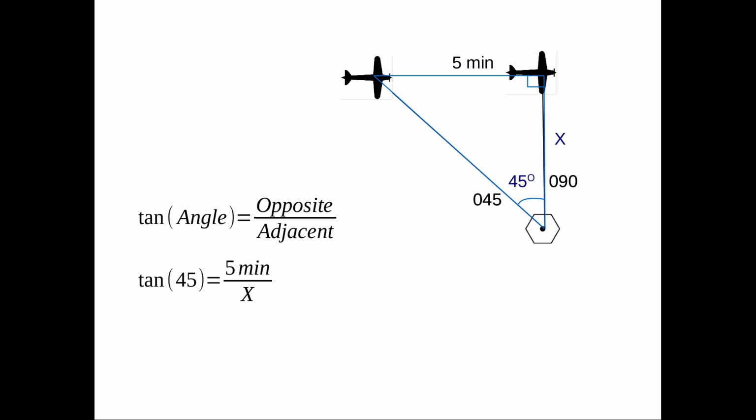So we plug in our values. 45-degree angle, 5 minutes is opposite, x is adjacent, solve, and we get x is 5 minutes. Easy enough. We go back to our question, we see one of our choices is 5 minutes, and it is correct. So, no big deal.